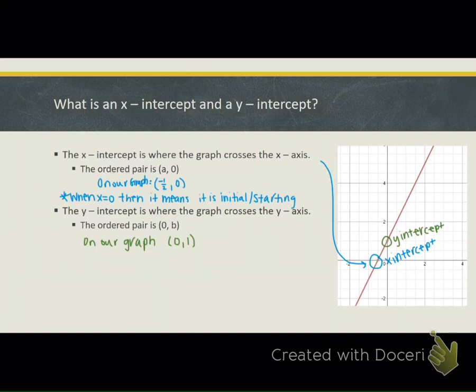Do you understand what an x and y-intercept are before we keep moving on? So in an x-intercept, y is always 0, and on a y-intercept, x is always 0.